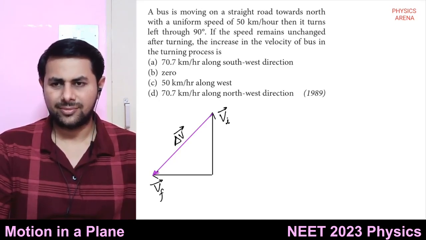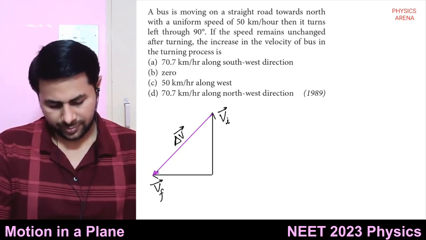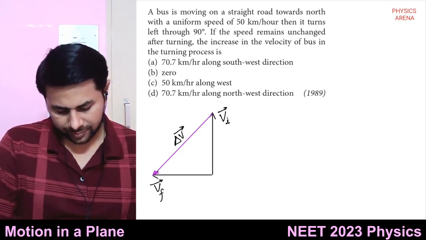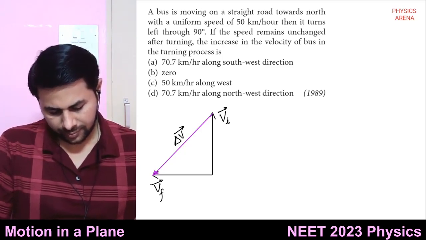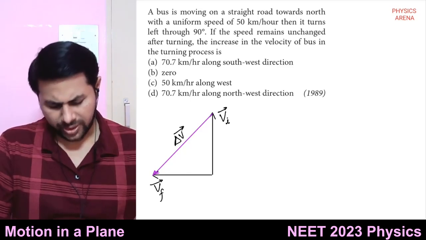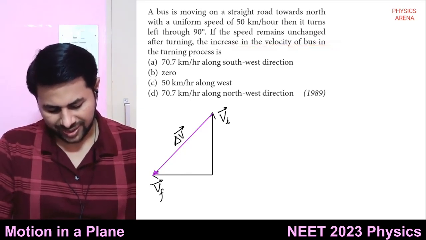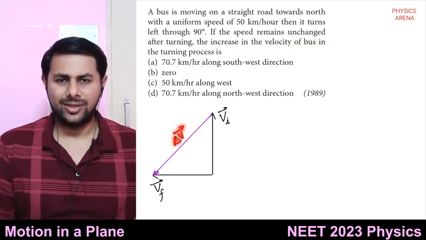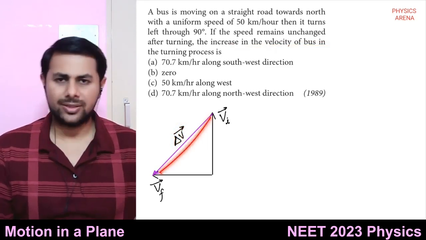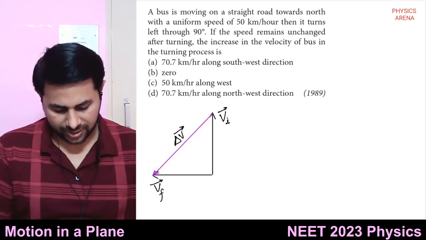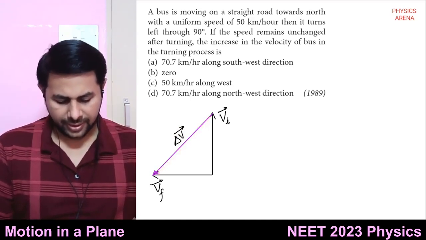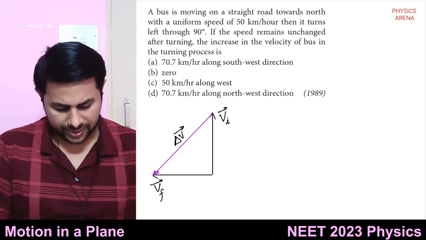And what is the magnitude? The magnitude of this. The question asks for the increase in velocity only, not the acceleration. So we have to find the magnitude of the change in velocity, and its direction also. So what is this direction?